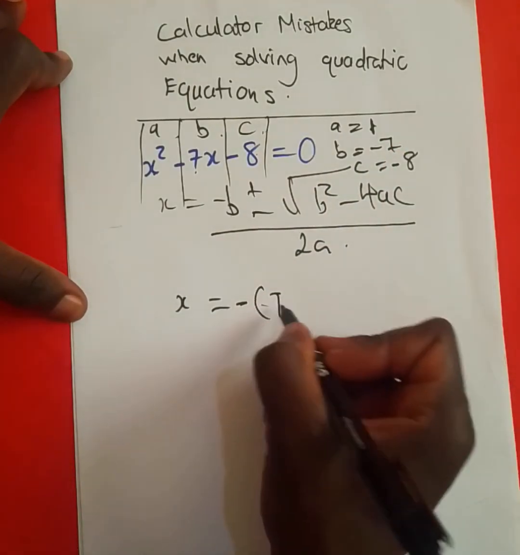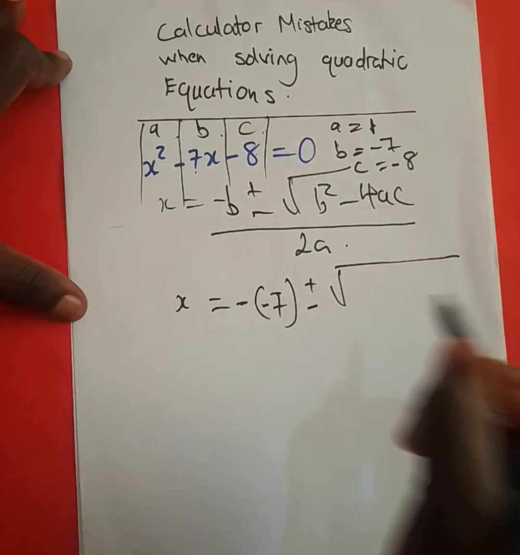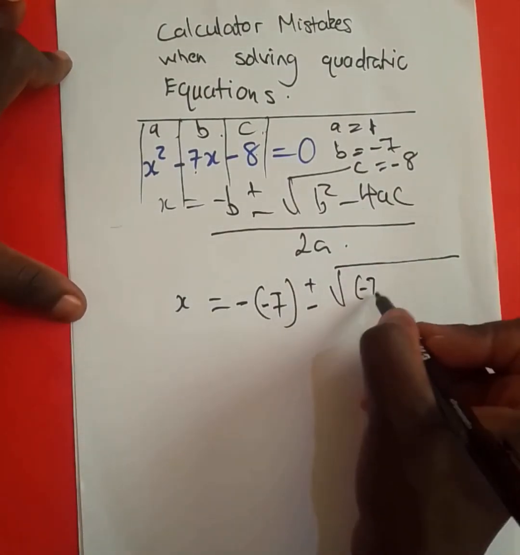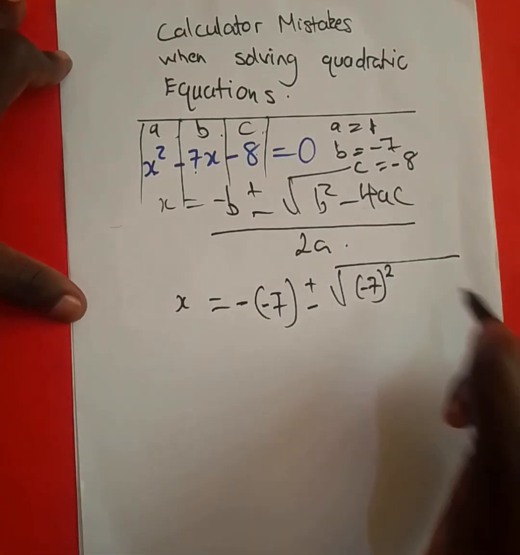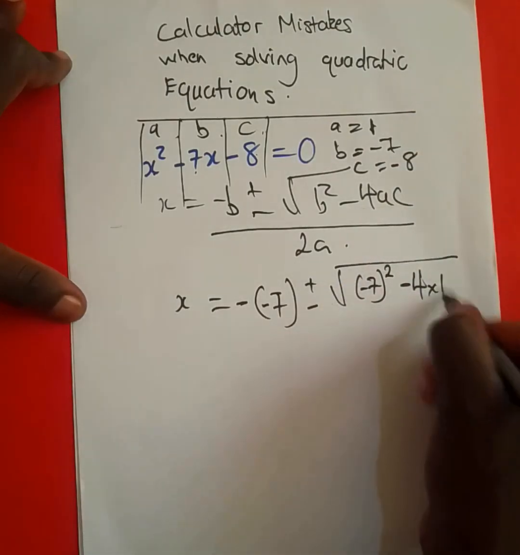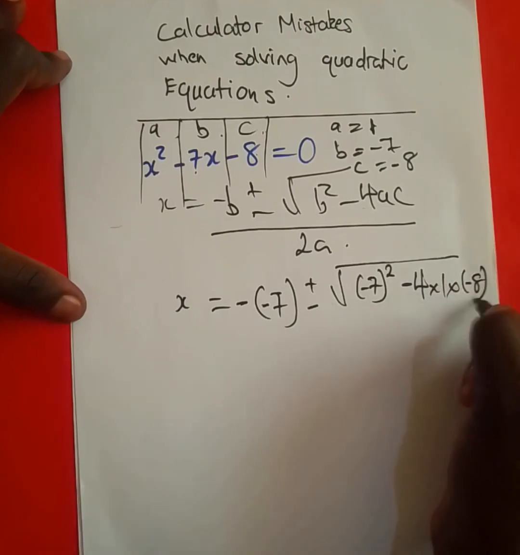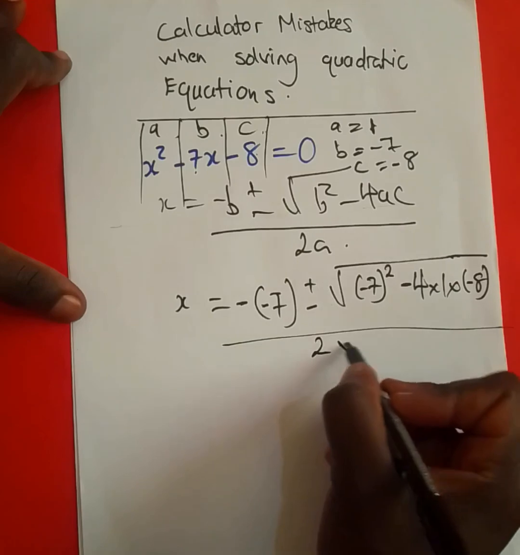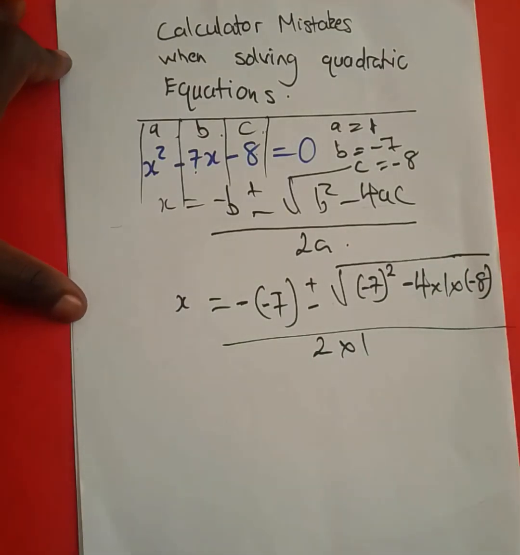So, negative 7 here plus or minus the root of b squared, where b is negative 7, so b squared like this, minus 4 times a, where a is 1, times c, which is negative 8, over 2a. 2 times a, of which a is 1, so it's 2 times 1.